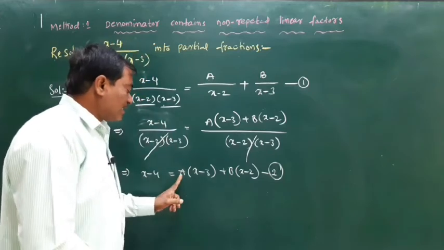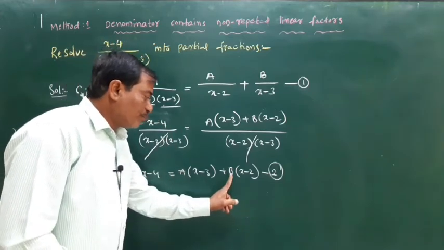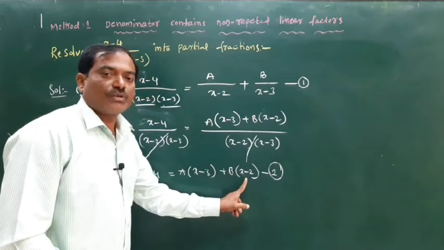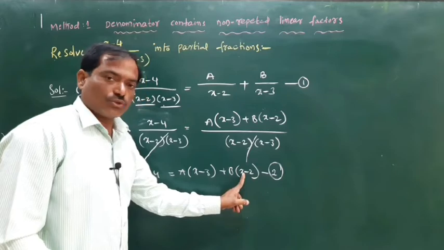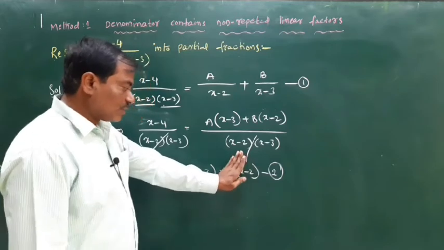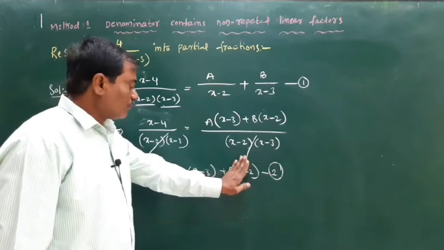In order to find the capital A value, we reduce the B coefficient to 0. If we substitute x equal to 2, the B coefficient becomes 0, so we eliminate B and get the A value.